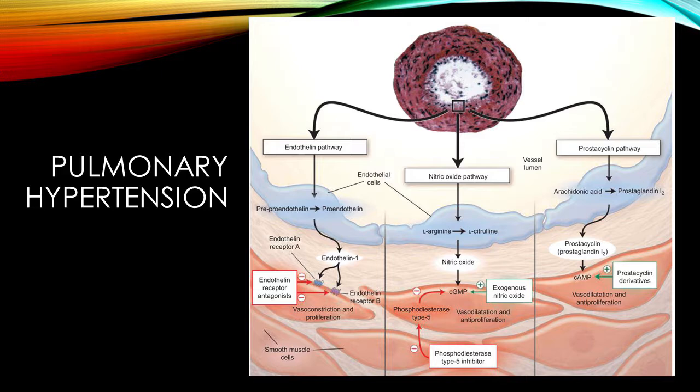In a patient that does not have pulmonary hypertension, these normally occurring substances would lead to good things, dilation of the blood vessels, low pressures in the lungs. But in patients with pulmonary hypertension, some of these good hormones or substances are missing. And so the result becomes elevated pressures within the lungs and inflammation.